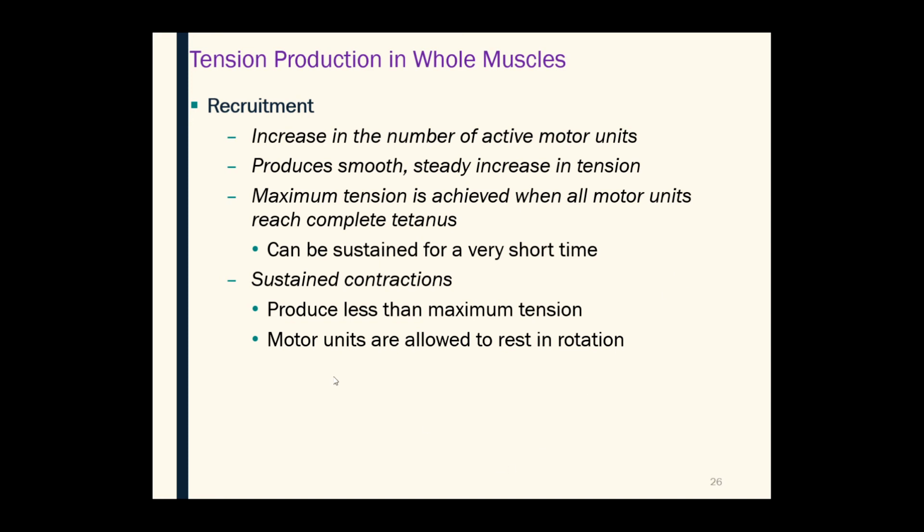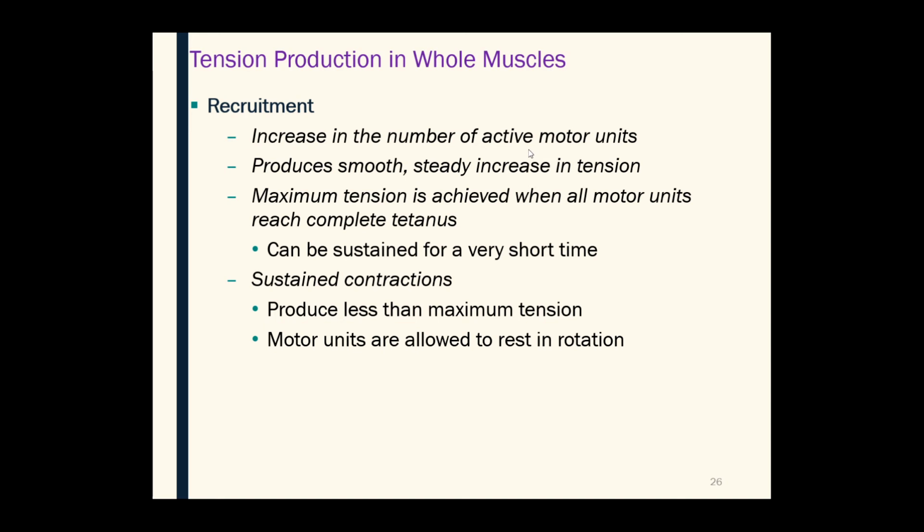Okay, so I had given an example before of lifting a 5-pound weight and then increasing that weight to 20 pounds. So obviously from 5 to 20, we need to add more muscle fibers. That concept of increasing the number of muscle fibers that we need is known as recruitment. So this is an increase in the number of active motor units.